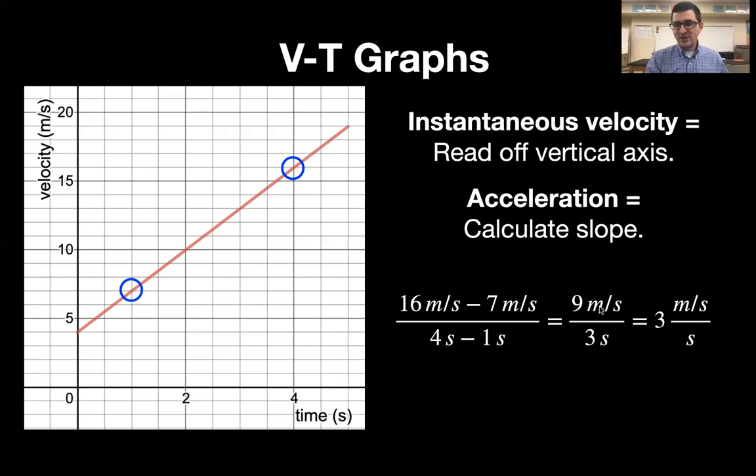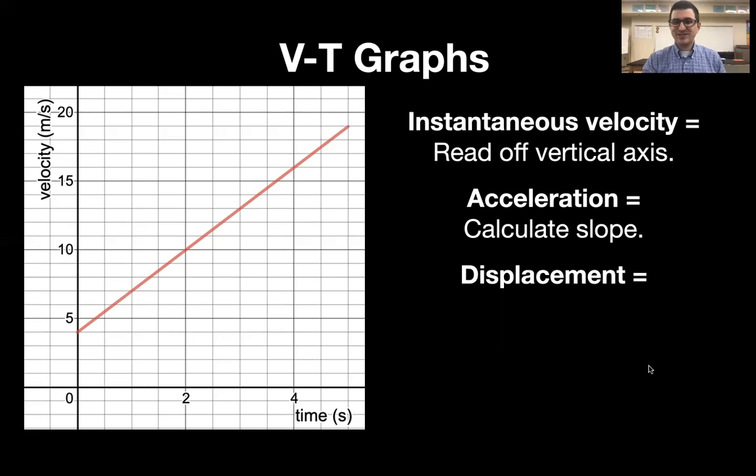We get 9 meters per second, or change in velocity, over the course of 3 seconds, change in time, which means that every 1 second, we could rewrite this as 3 divided by 1, which just means that the velocity changes by 3 meters per second every 1 second. So our answer is 3 meters per second each second, or 3 meters per second squared is also an acceptable unit. So to find the acceleration, we just calculate the slope.